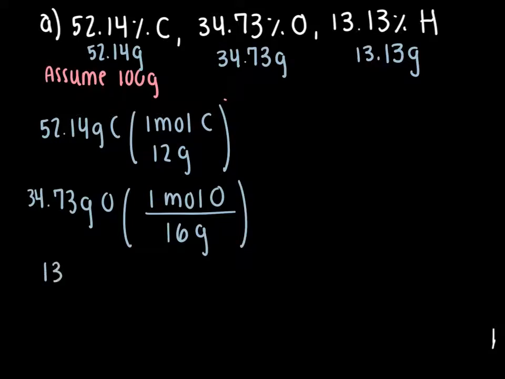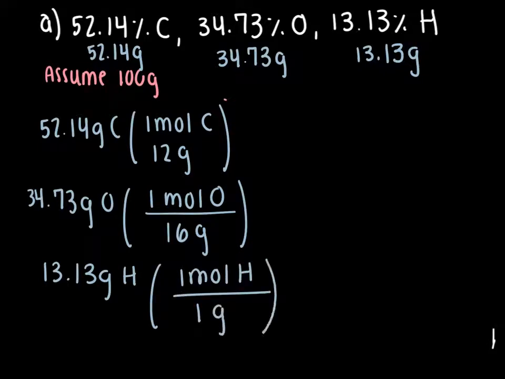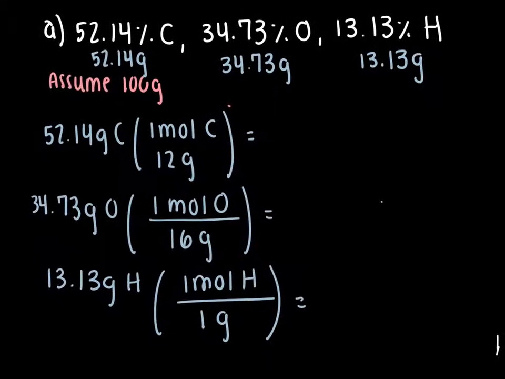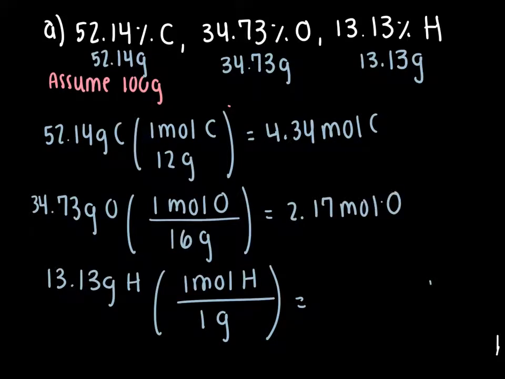And for hydrogen, we'll divide by 1 gram per mole. Okay, so this gives us 4.34 moles of carbon, 2.17 moles of oxygen, and 13.13 moles of hydrogen.